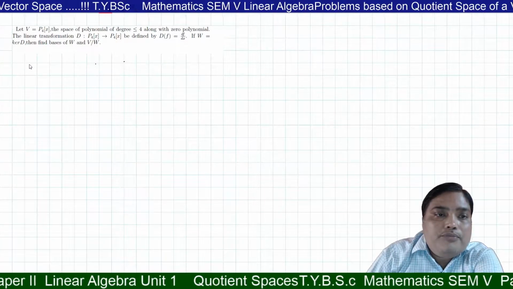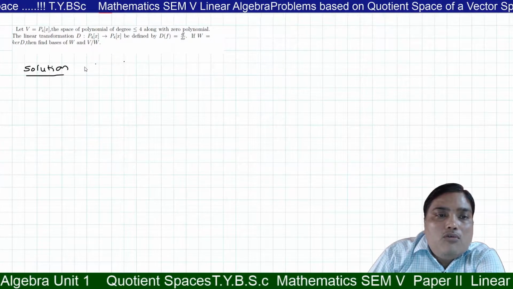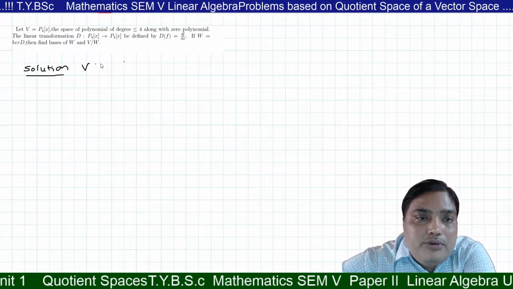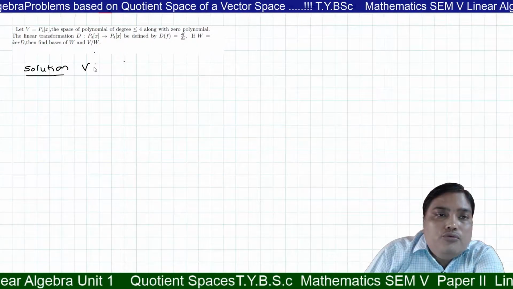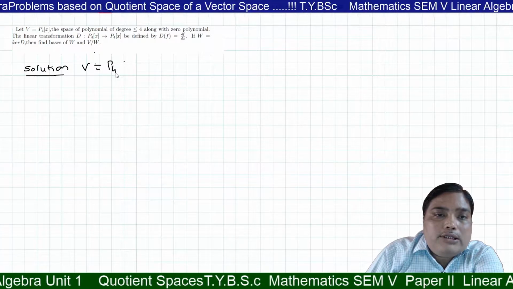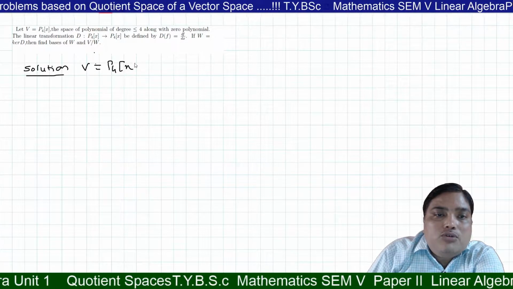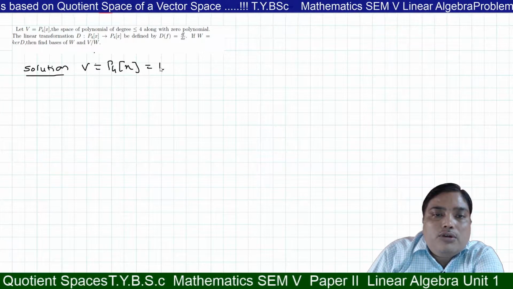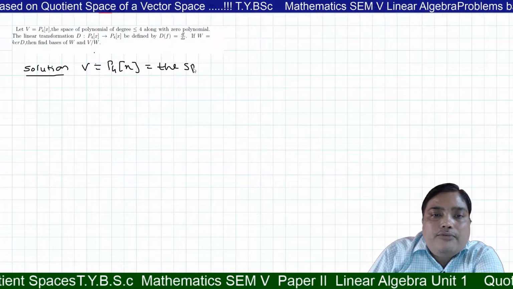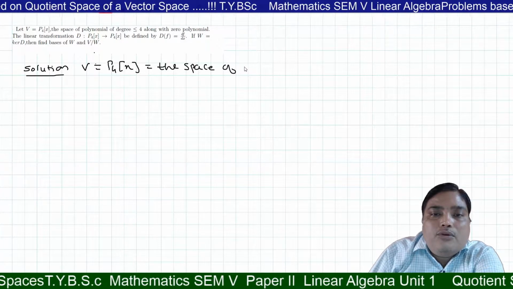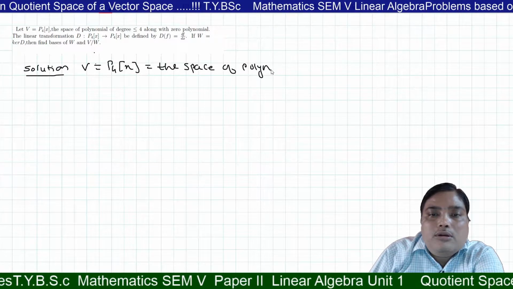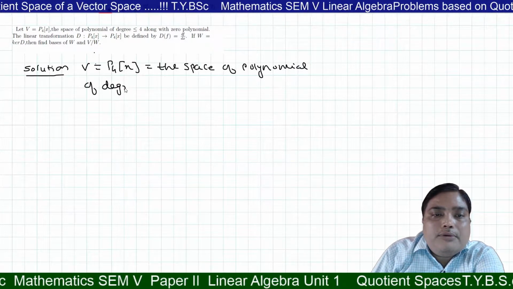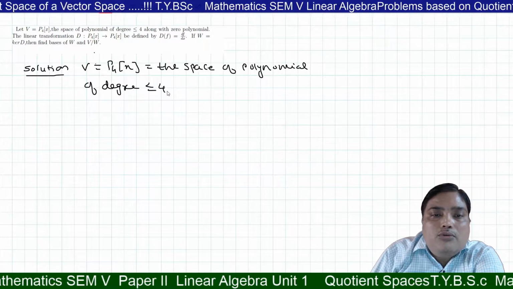So the solution is: what is V? V is P4(x), given to you. P4(x) means the space of polynomials of degree less than or equal to 4.